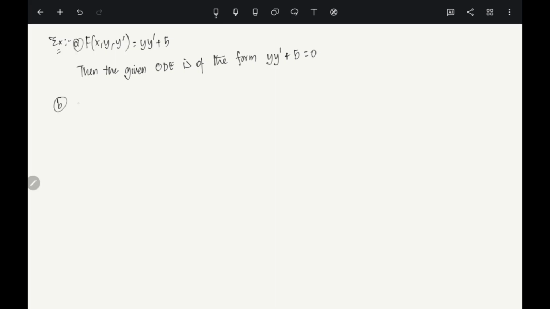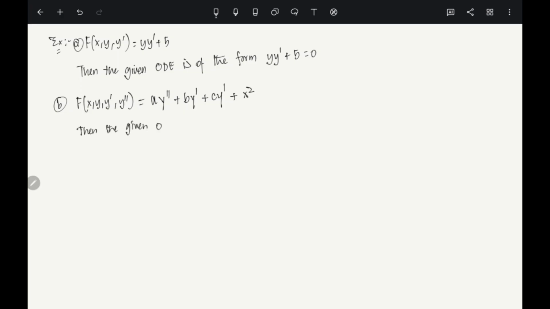Let's look at a second order equation, f of x, y, y prime, y double prime, and let's write this down as a y double prime plus b y prime plus c y plus x square. Then what is the given ODE corresponding to this f?